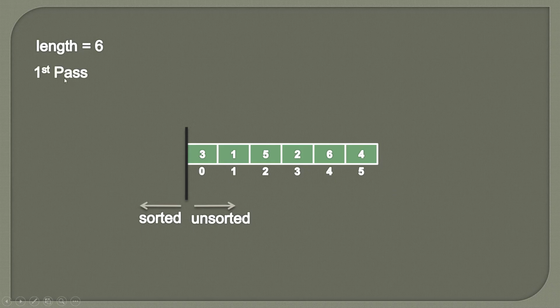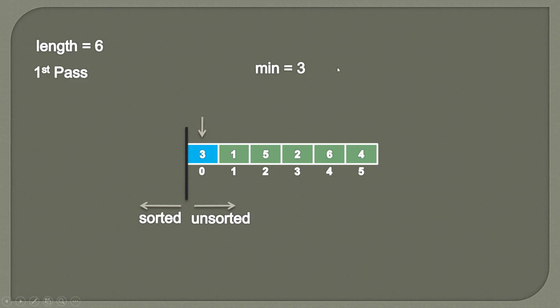Now let's see what happens when we perform the first pass. Here we simply start from the unsorted part and we find that there is one element, 3. So let's say we are assuming that 3 is the minimum element of this complete array.